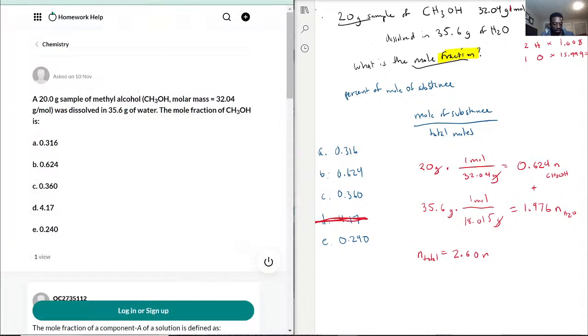Yeah, methyl alcohol. And now we use the formula, mole substance versus total moles. They're asking for the mole fraction of methyl alcohol. So we want that 0.624 divided by 2.60.